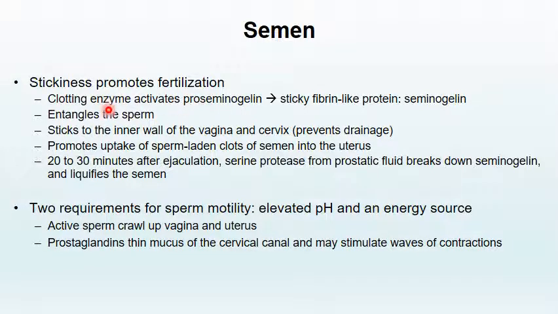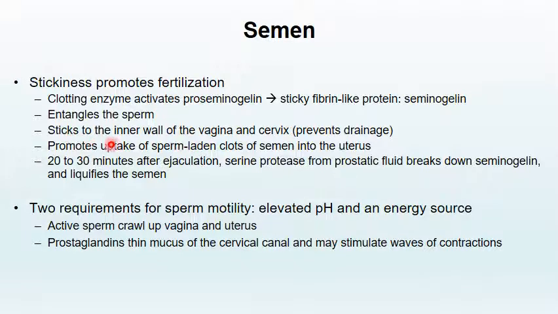So the two of these are going to be separated in the male reproductive system, but in the female reproductive system, when they're mixed as sperm, or in semen rather, they are going to create this protein. That protein is going to entangle the sperm and also help the semen stick to the walls of the vaginal canal.